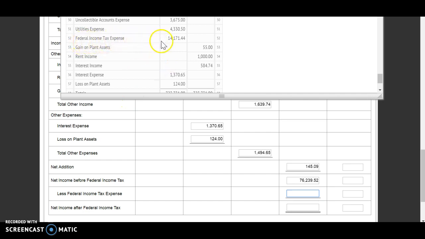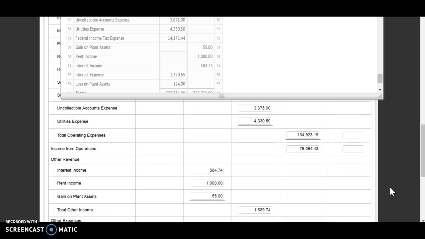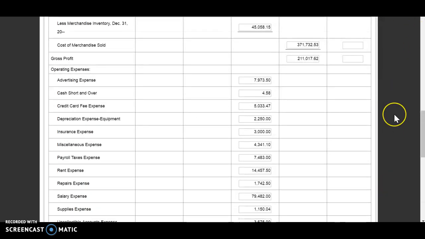So here's my federal income tax expense on my adjusted trial balance, $14,171.44. I'm going to subtract those two numbers. And my net income will be $62,068.08. I'm going to go ahead and repin that.